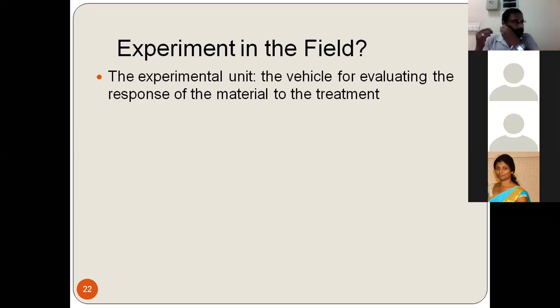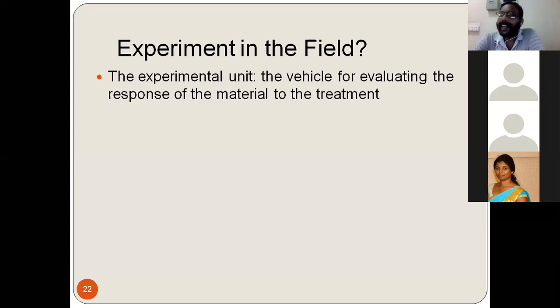Last time I asked one question on the quiz, whether I can remember what is an experimental unit. Last year, everybody copied this: vehicle for evaluating the response of the material to the treatment.